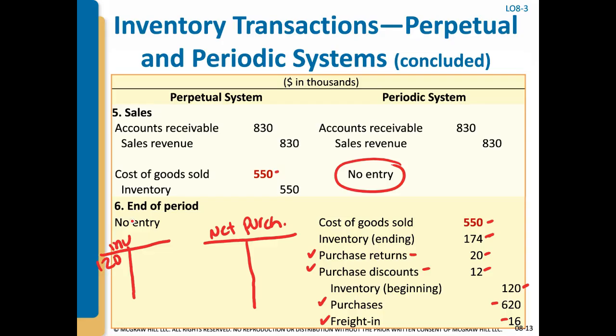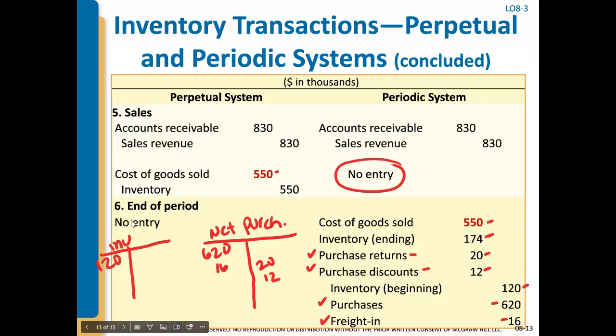And my net purchases, I had a debit of 620, and I had 16, and I had a credit of 20 and a credit of 12. Okay, that was all the previous, and these were my total previous entries.